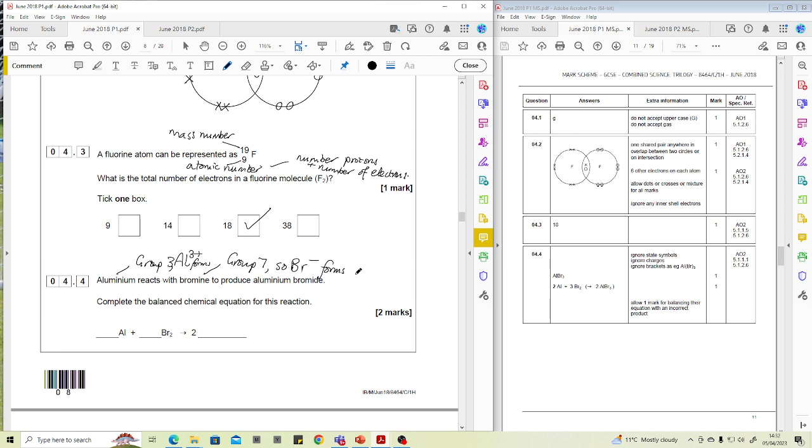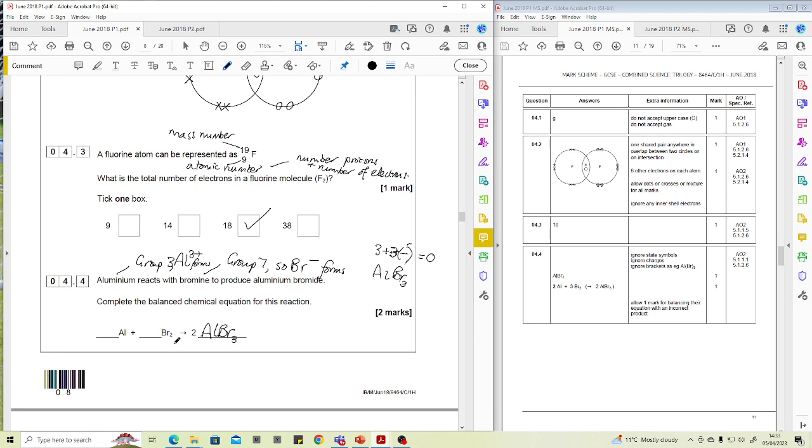So now we can combine those together to form a neutral compound with 3 plus, 3 minus, hang on, 3 plus 3 minus equals 0. So you've got AlBr3. So this is what's formed.